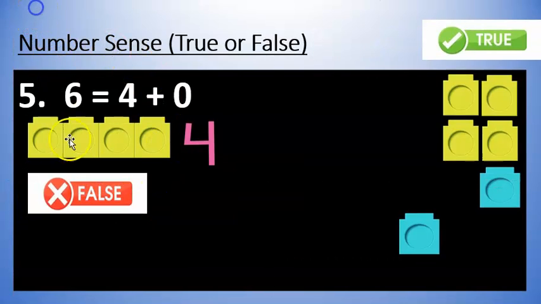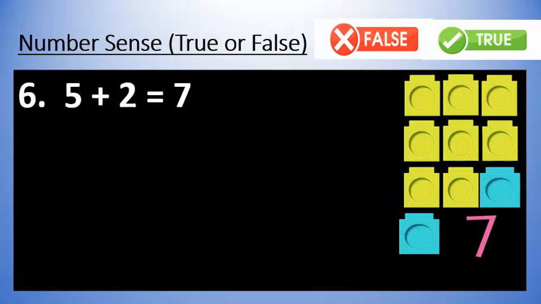Because based on our picture here, how we put the linking cubes together, there's only 4 here. But yet here it's telling us the total is 6. It is false. 4 plus 0 equals 4. 4 plus 0 does not equal 6. Okay, so this is false.